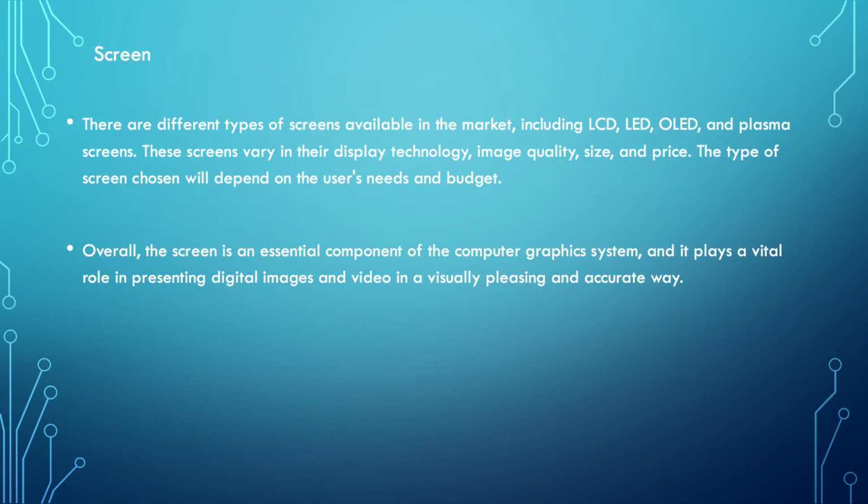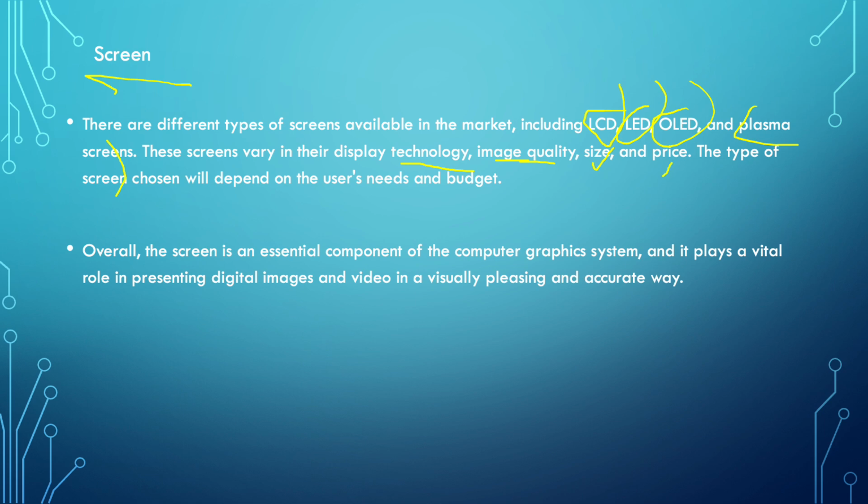Now we'll look at the screen. There are different types of screens available in the market, including LCD, LED, OLED and plasma screens. These screens vary in display technology, image quality, size, and price.